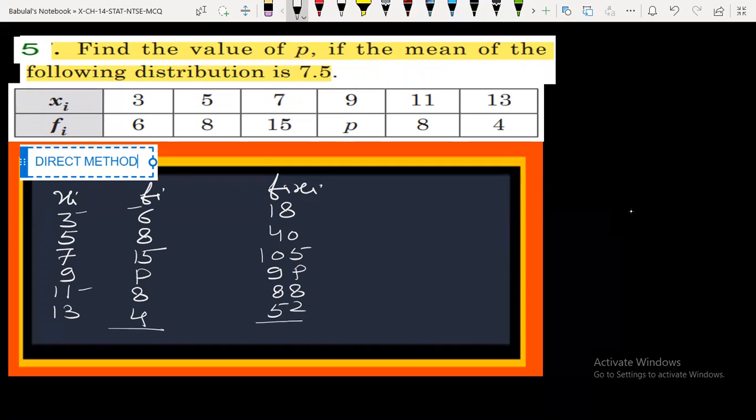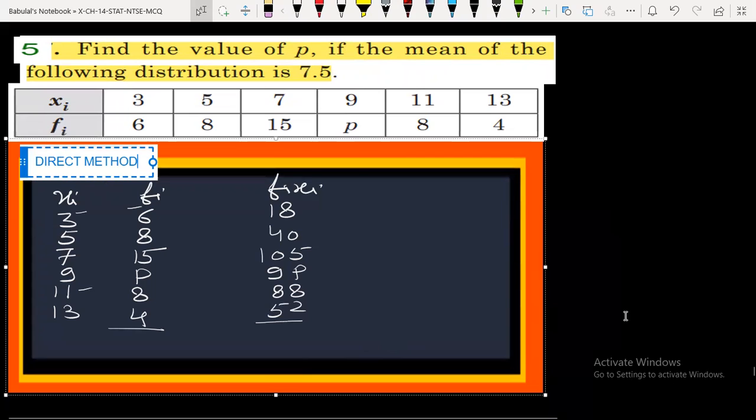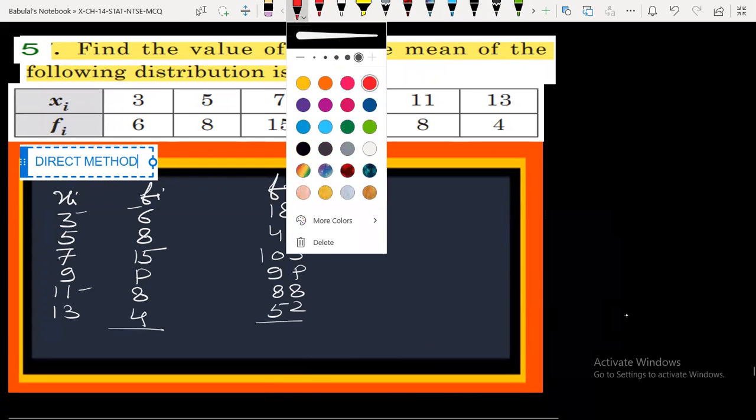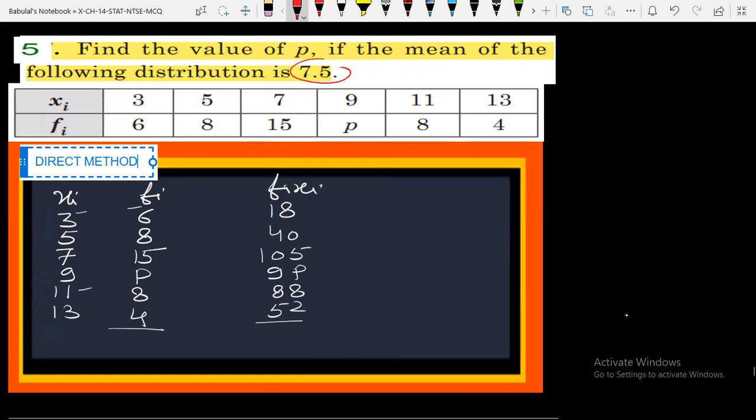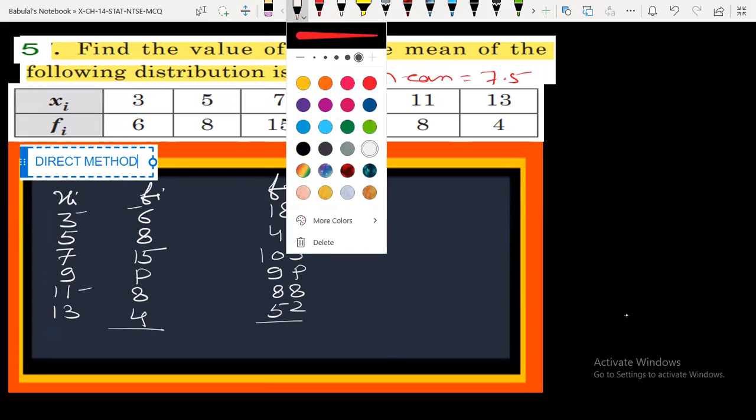What is the sum here, students? Because for calculating the mean, you will observe that mean is also given. What is the mean here? Mean is given, and that is 7.5, and we have to calculate the value of p. So for that, the same method.